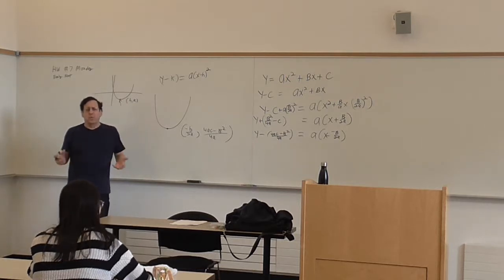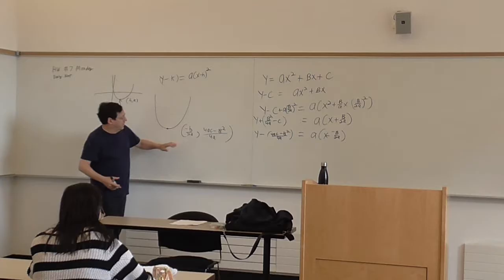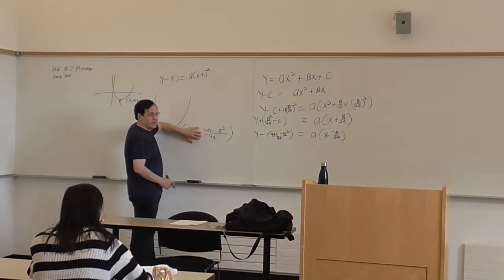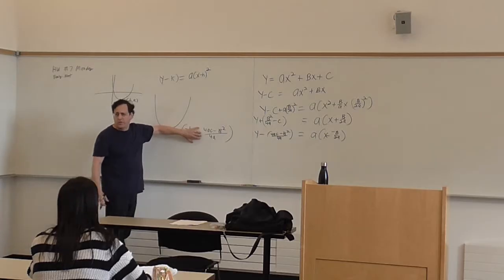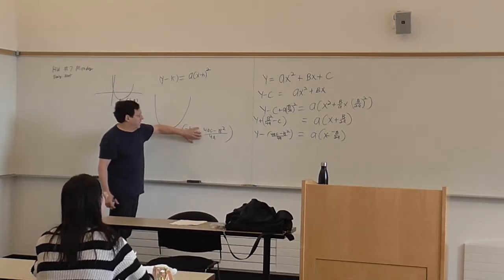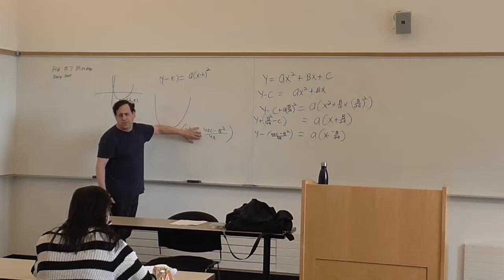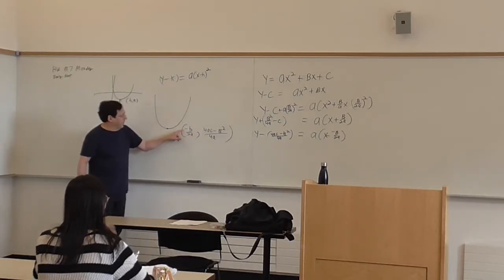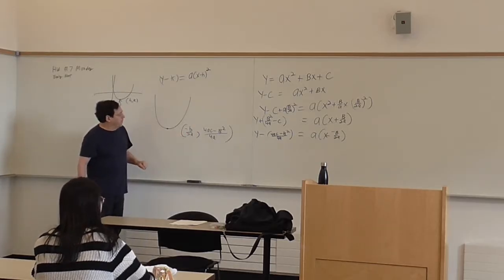Now, let's be a little practical about this. While this is kind of reminiscent of something that's part of the quadratic formula, it would be pretty hard to remember this. You could memorize it, but the x value is not that hard, minus b over 2a.